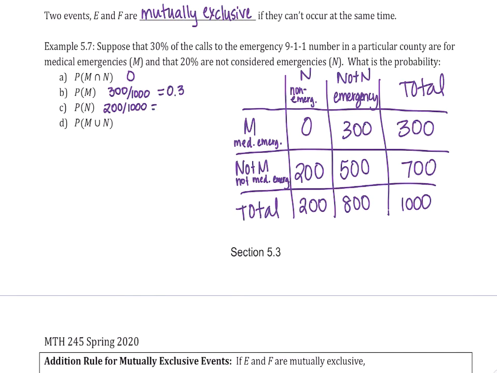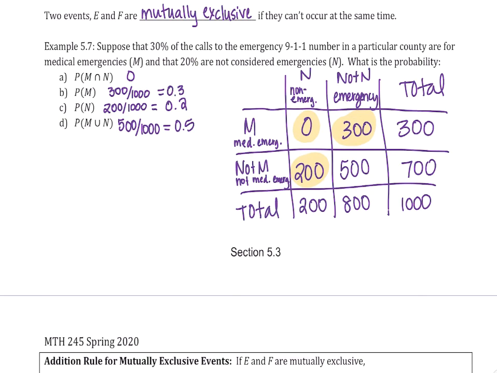And hopefully you've noticed when you have just one letter, you're usually looking at the total of a row or the total of a column. And then finally, the probability of M or N. Here I want all of the M's or N's, and that's going to be all 3 of those. So that adds up to 500 over 1,000, which equals 0.5.